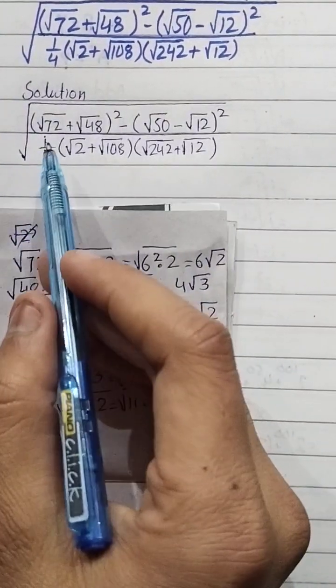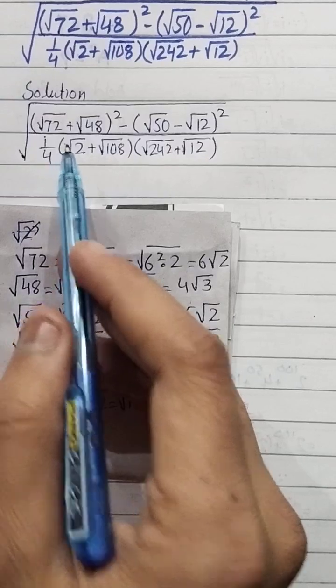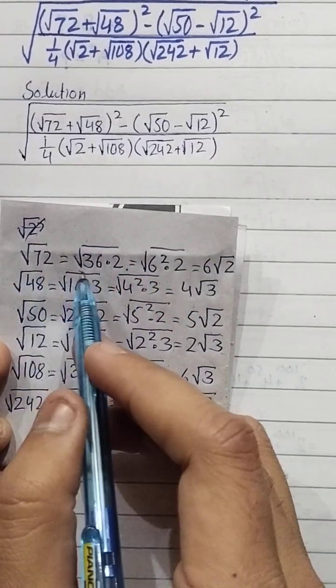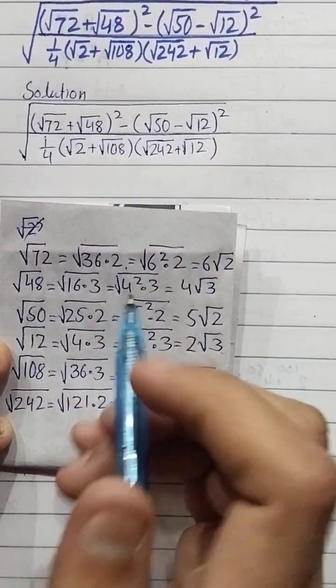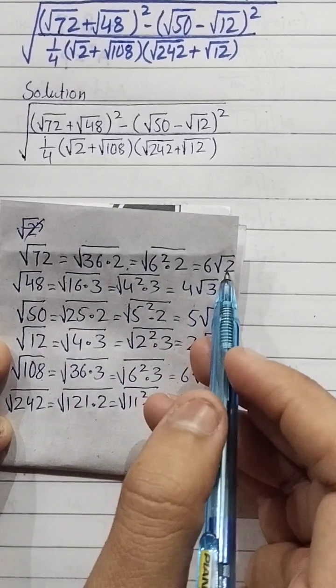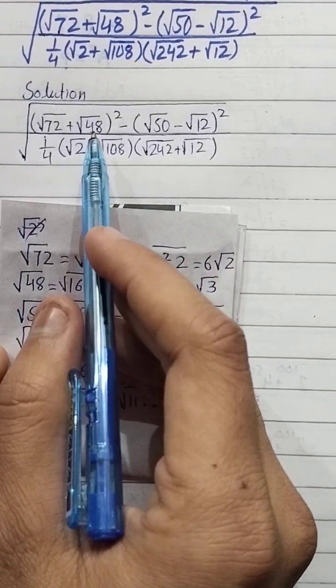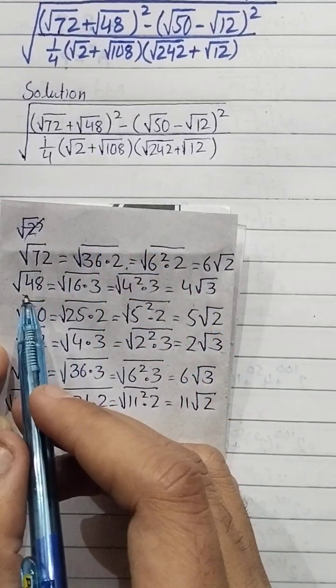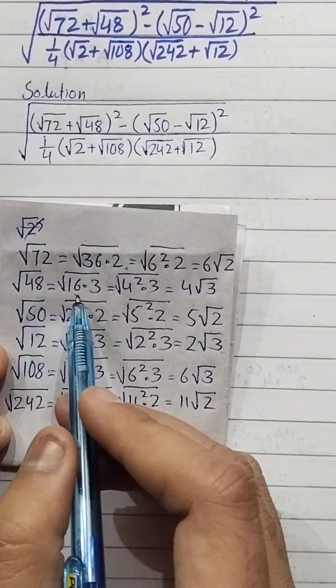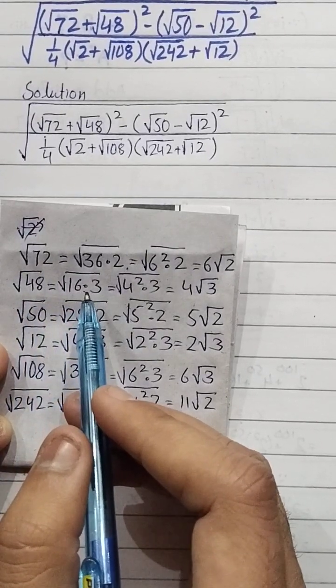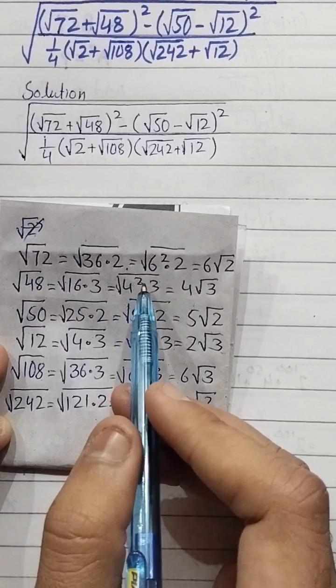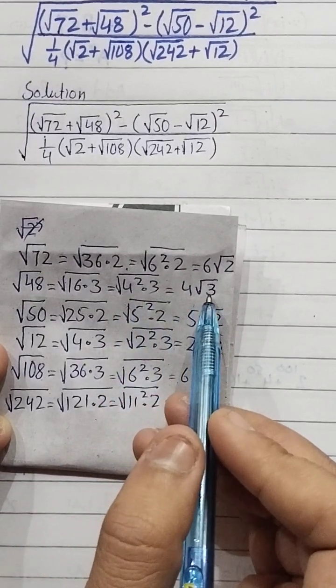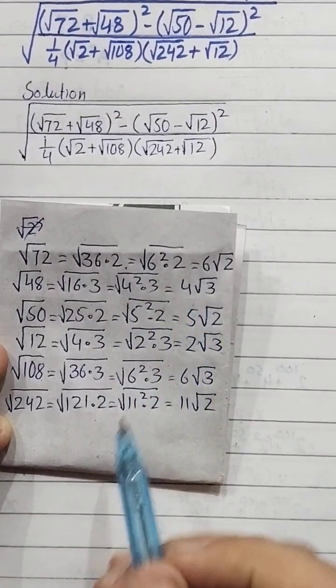This square root of 72 can be written, by solving these steps, as 6 under root 2. Similarly, square root of 48 is equal to 16 times 3, and this can be written as 4 square times 3, and it is equal to 4 under root 3.